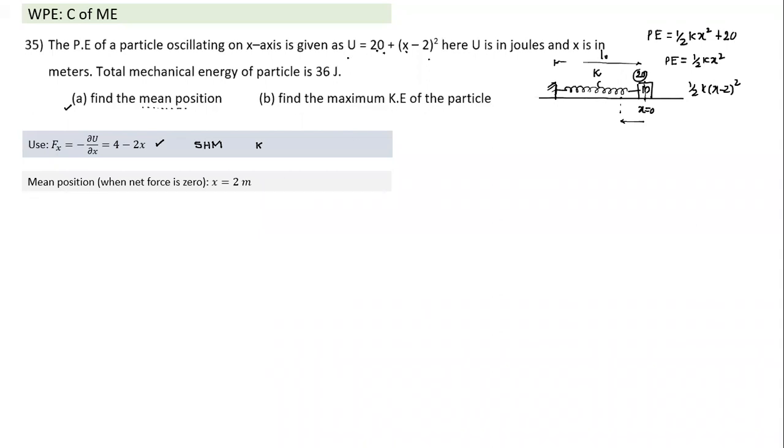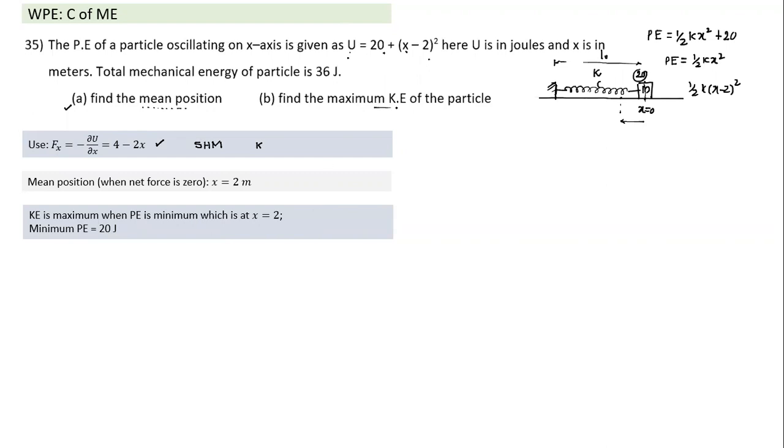In this case also, the only force acting is conservative, since the moment we define potential energy, it indicates the force is conservative. Hence, mechanical energy will remain constant. Mechanical energy is the sum of potential energy plus kinetic energy. So kinetic energy will be maximum where potential energy is minimum. That's the second point we need to understand.